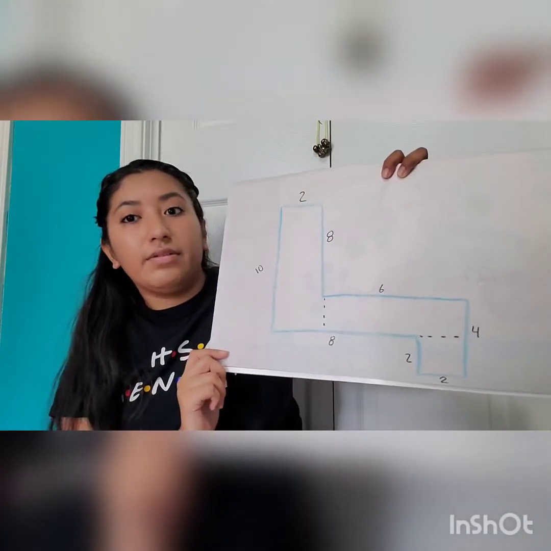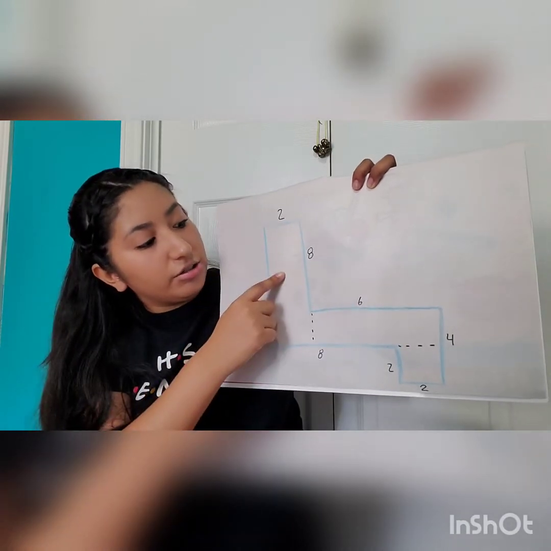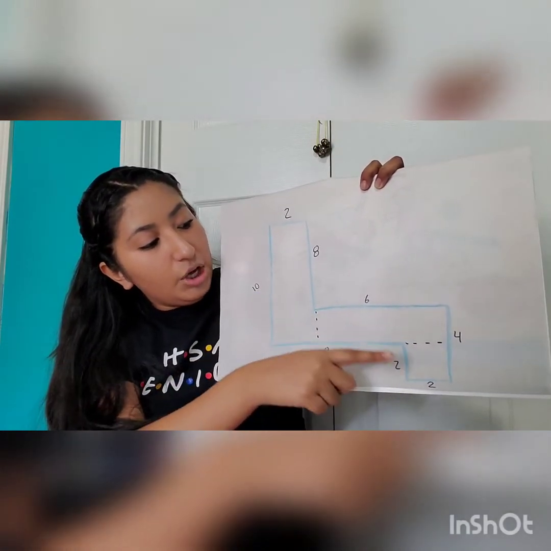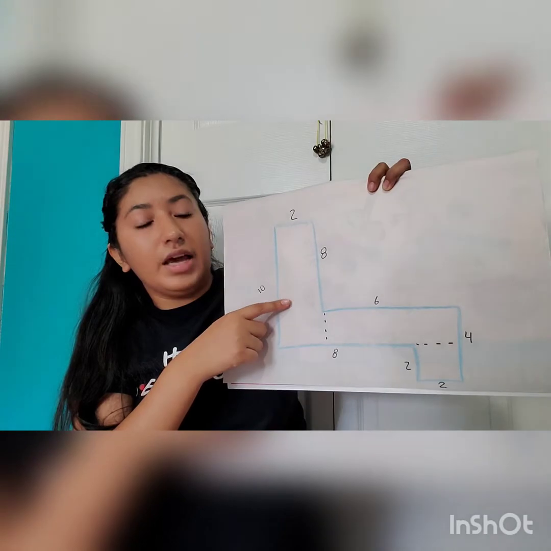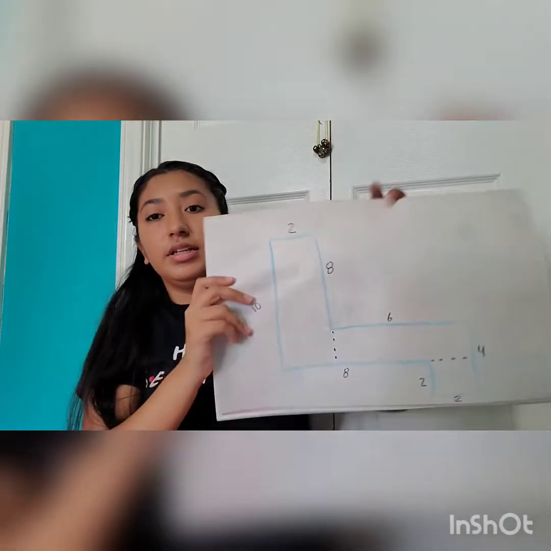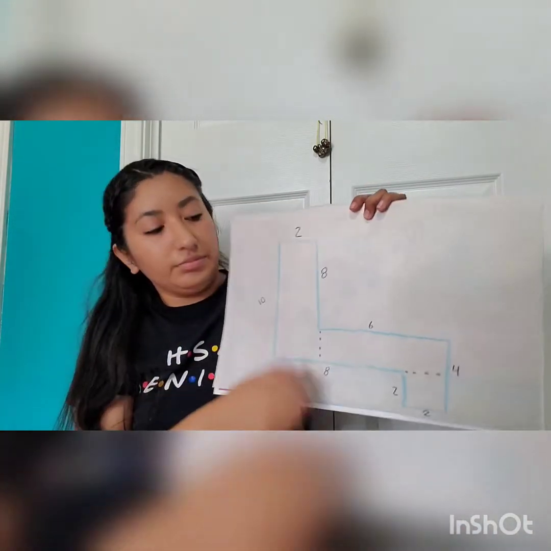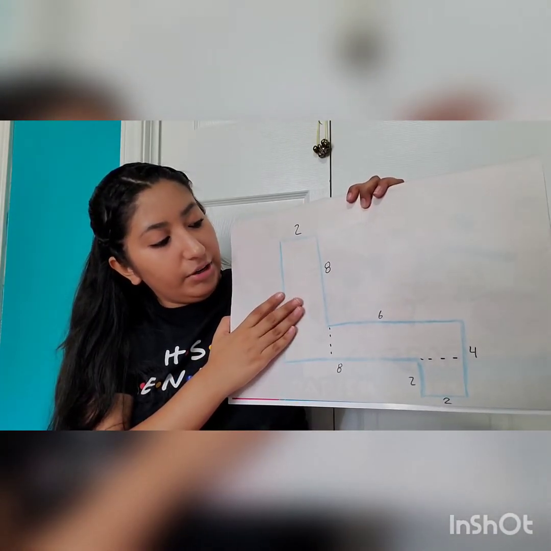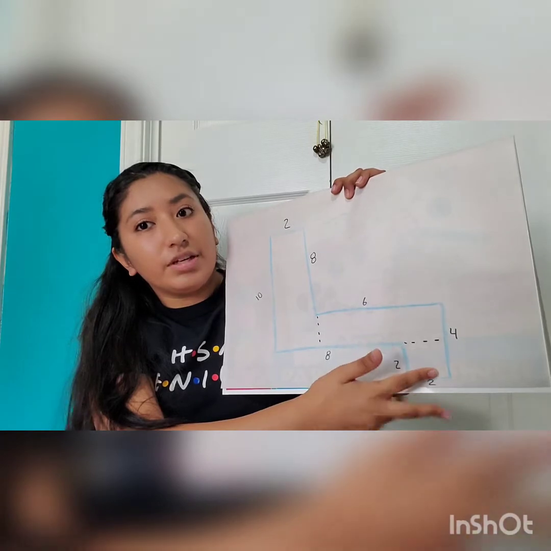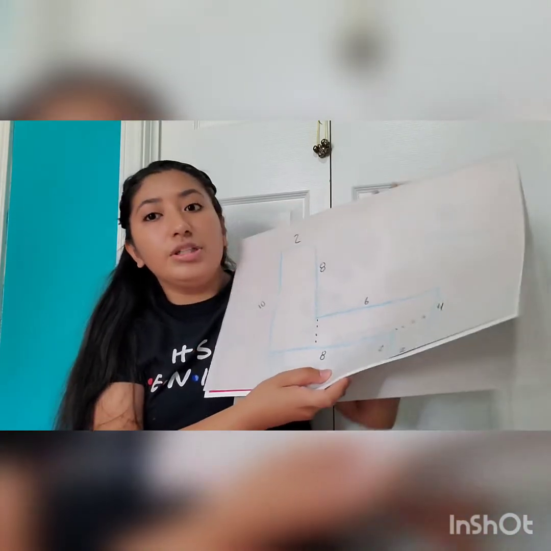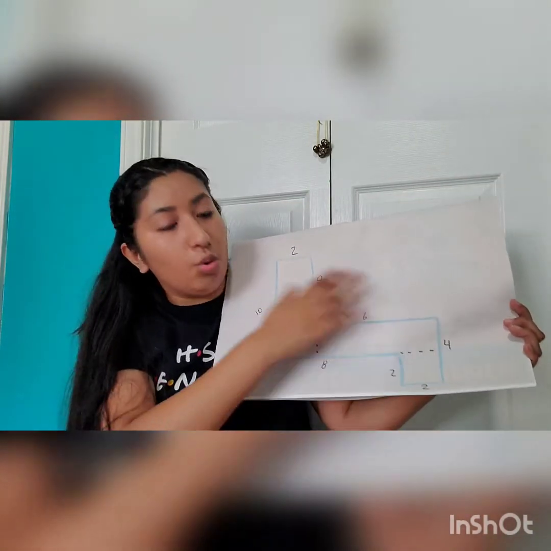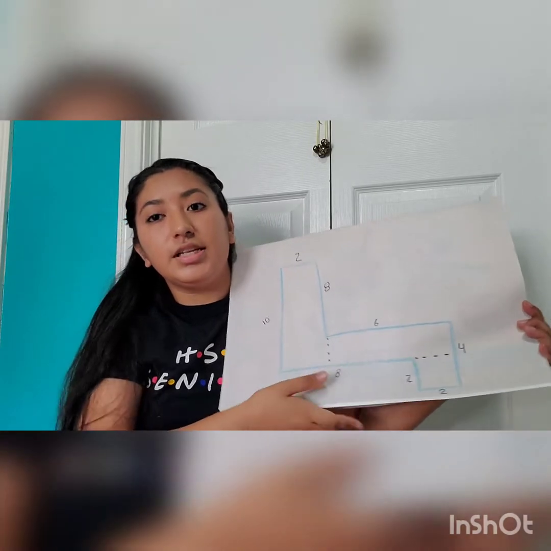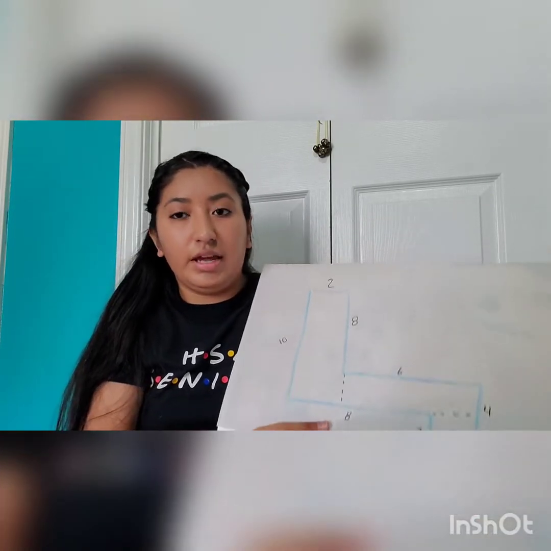So we're going to find the length times the width for each figure, and once we have the answer for each figure, the next step is to add all three numbers. We'll add the sum for figure A, figure B, and figure C. Once we get the total combined area of the three figures, that's going to be the area for this irregular shape.